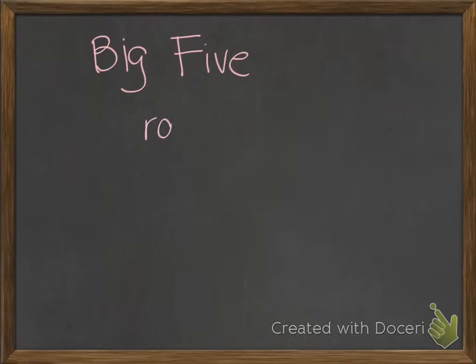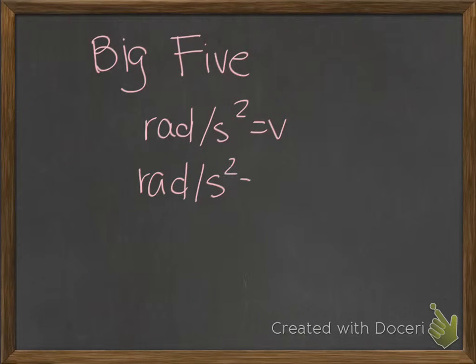So just keep in mind that you're just going to be using the big 5 throughout this whole thing. You're just going to be changing the variables. I've been saying this for the past couple videos, that you just have to understand what the units are. The same thing, acceleration is always squared, radians is always something per second. So this time, velocity is radians per second, radians per second squared would be for acceleration, and for theta it would just be in radians, and time will still be in seconds.